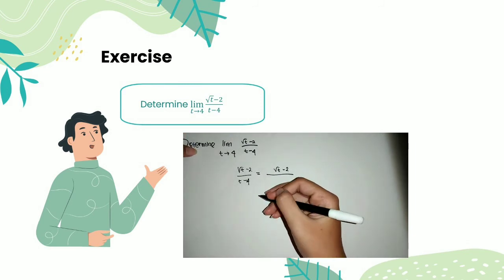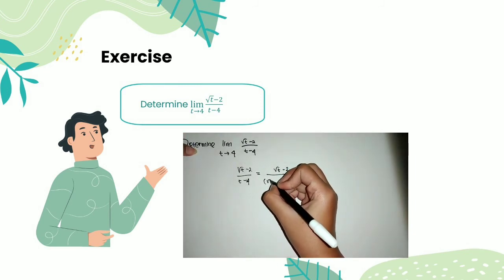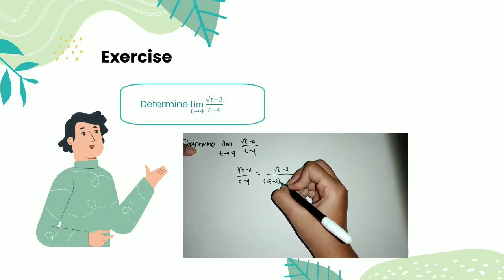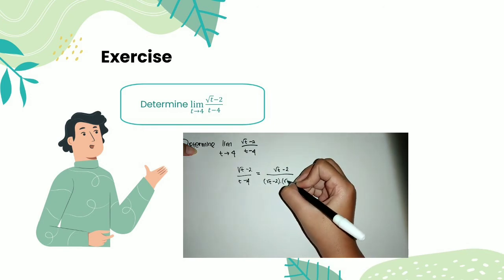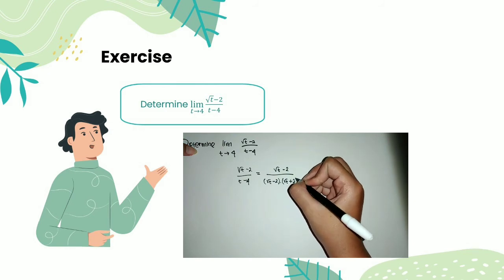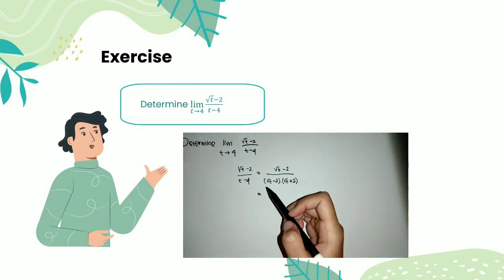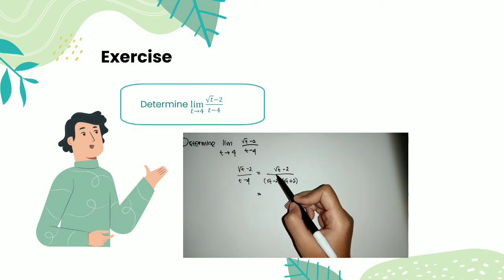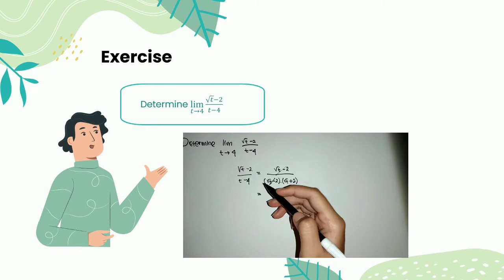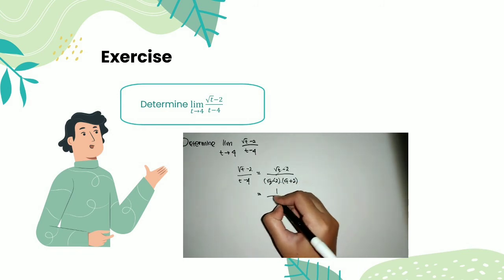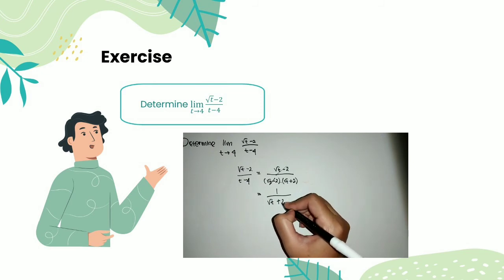So, root of t minus 2 times root of t plus 2. So, we can cross out the root of t minus 2. So, it equals 1 divided by root of t plus 2.